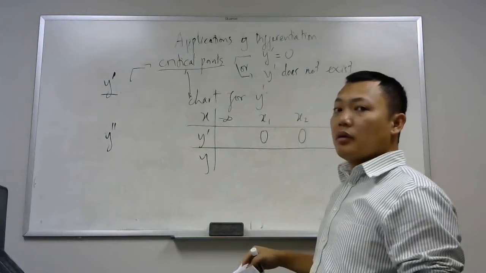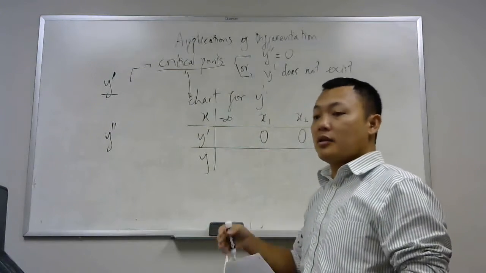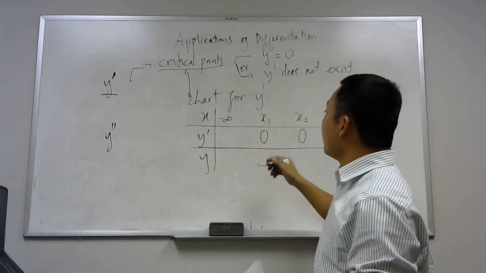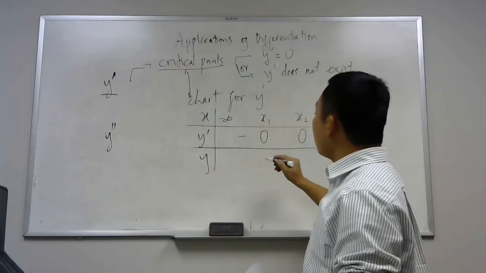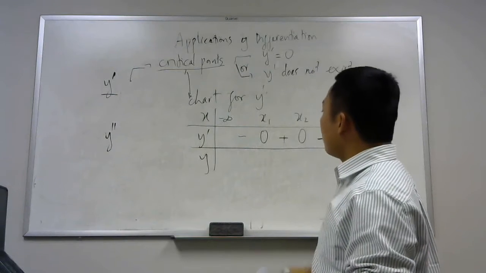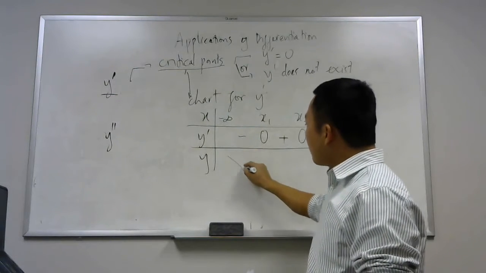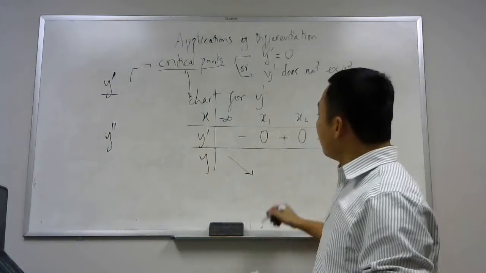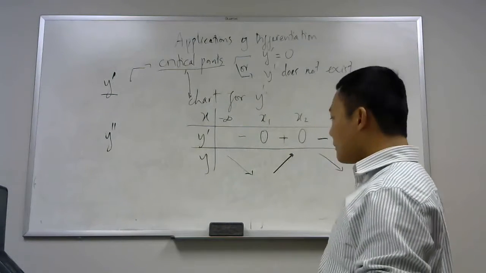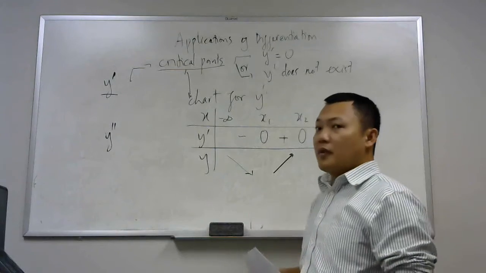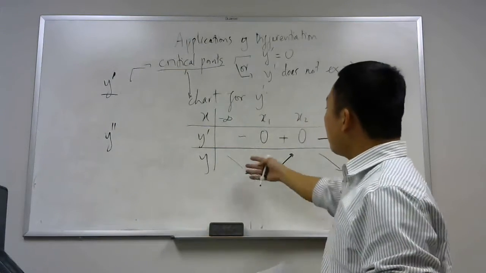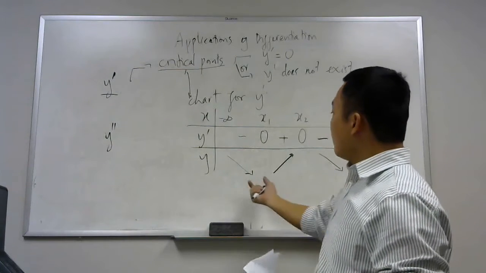Thanks to that, we will know at which point the function attains local maximum or local minimum. For example, if the first derivative looks like this, minus, plus, minus, I know exactly the function in this interval is decreasing, and here the function is increasing, and then the function is decreasing, right? So if I ask you to find open intervals where the function is increasing or decreasing, you can make the chart like this, and then you make the conclusion.